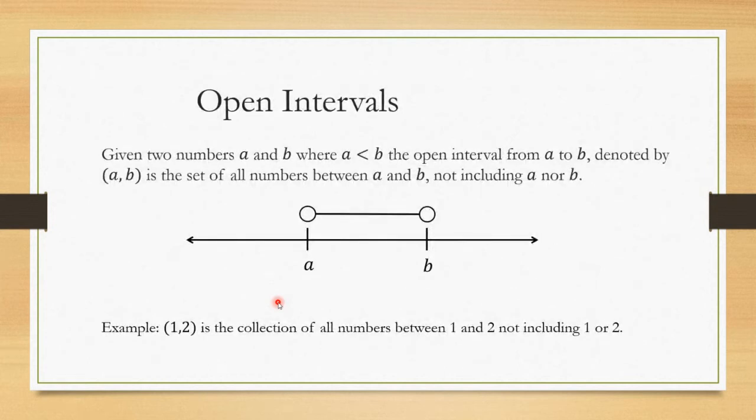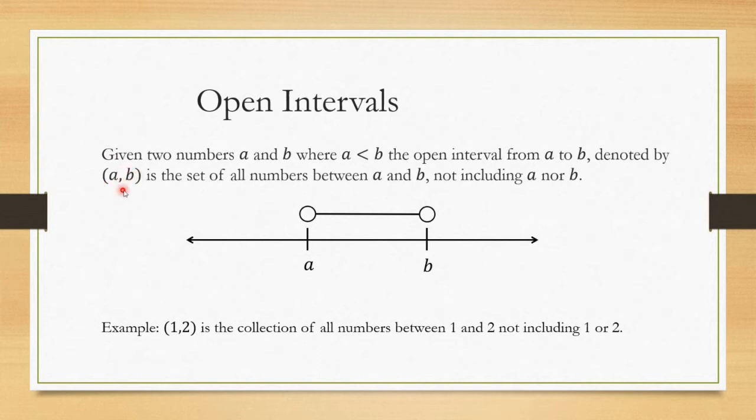We also have, now we can consider intervals. First, let's look at what's called the open interval. Suppose we have two numbers, a and b. Here we're going to assume a is smaller than b. Then the open interval from a to b is denoted by this. I know it looks like an ordered pair or a point in the Cartesian plane, although we haven't gotten there yet, but you might have seen that before.